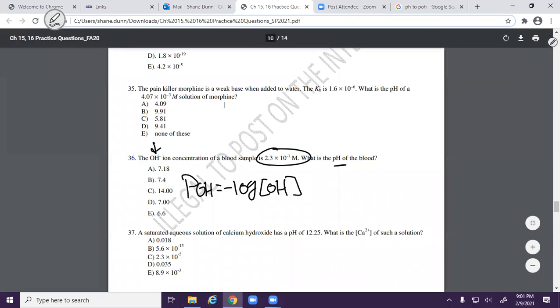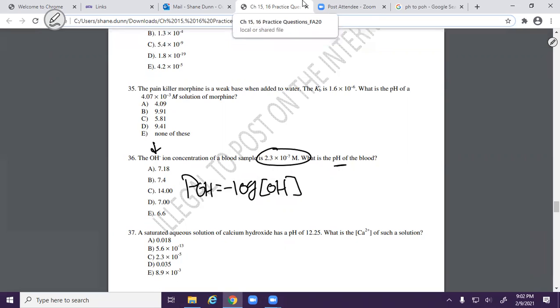Okay. So I have OH. To find the pOH of it, it's the negative log of the OH concentration. What's my pOH right now? 3.6? 6.6. Okay.